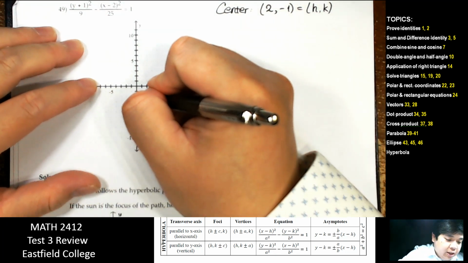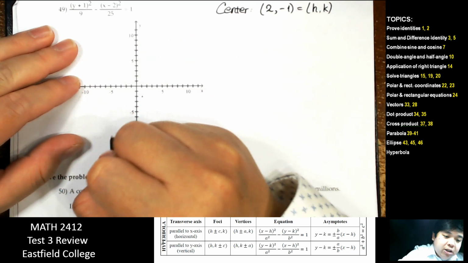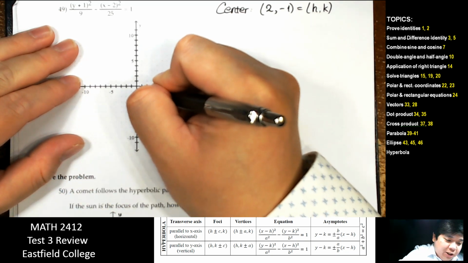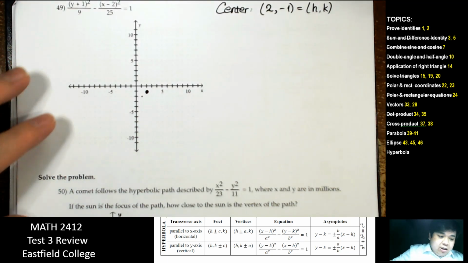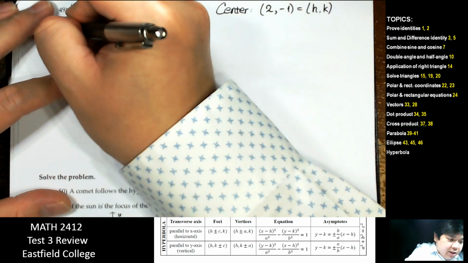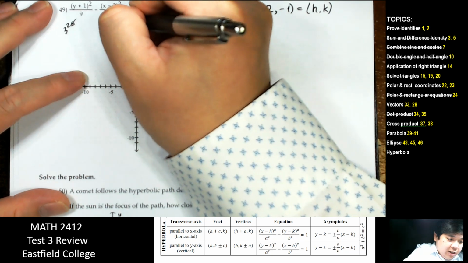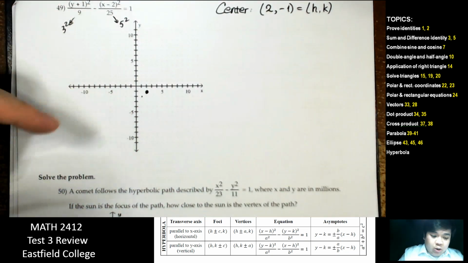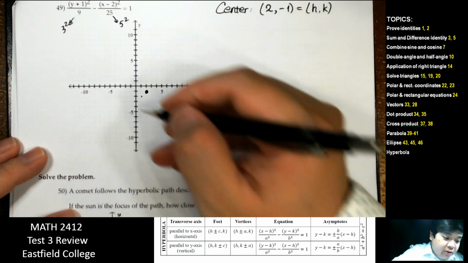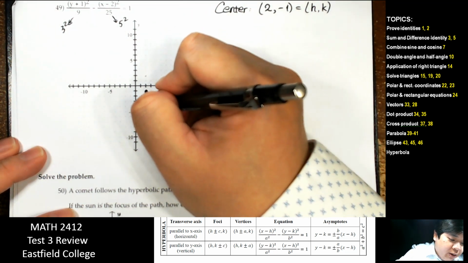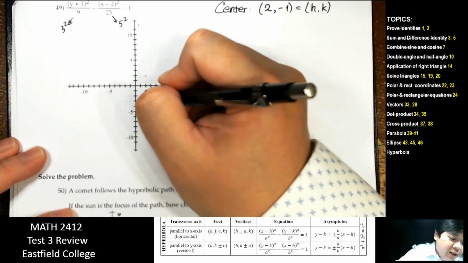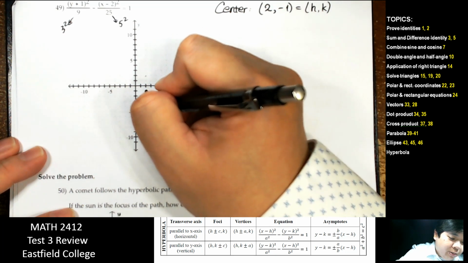Which is here, 2 to the right and 1 down. So that is the center. And then we take square root of this. So we have 3 units on the y direction, meaning up and down. 1, 2, 3 up, 1, 2, 3 down. Wait, here. 1, 1, 2, 3. There.